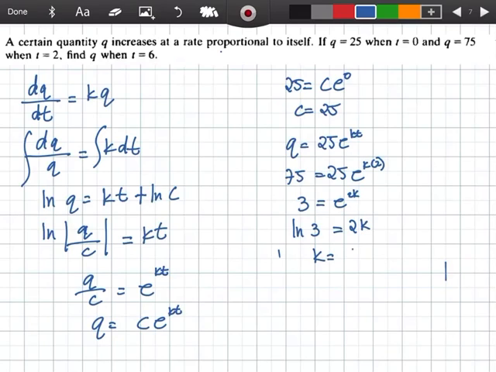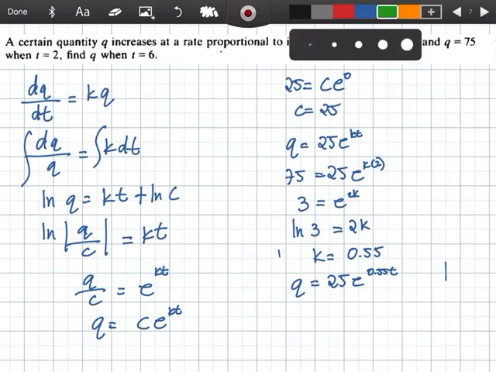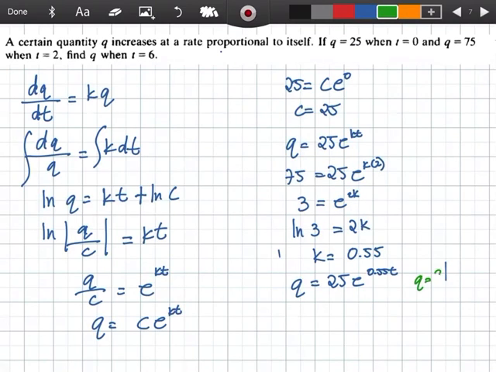So, magiging 0.55. And then, substitute natin. So, ang equation natin talaga, Q is equal to 25 e raised to 0.55t. Ang hinahanap, what is Q when t is 6?